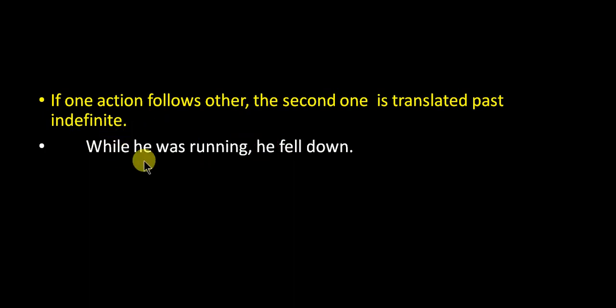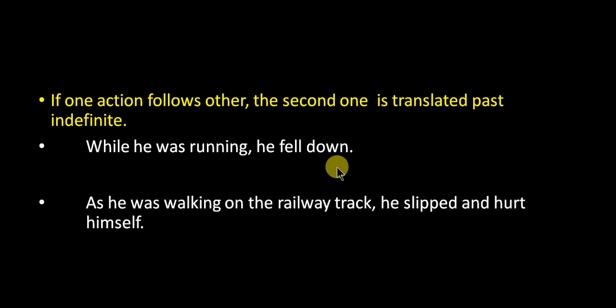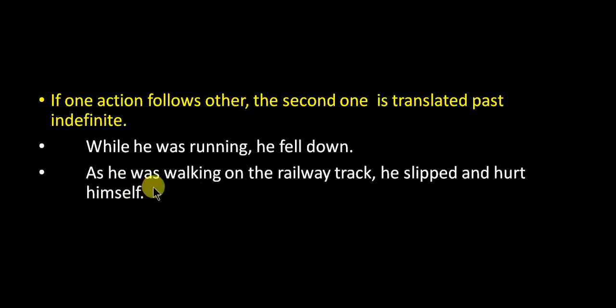And the next example, as he was walking on the railway track, he slipped and hurt himself. This action followed walking on the track. He was already walking on the railway track, and what happened then? He slipped and hurt himself. So the second action will be translated into past indefinite.